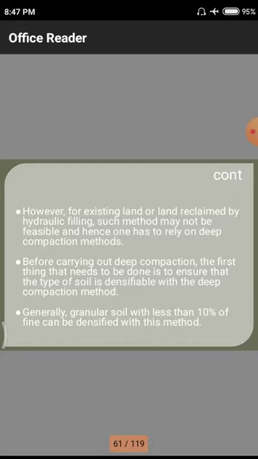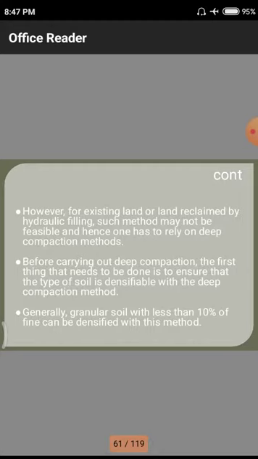That is preferable only up to some level. Beyond that level, the soil strata will definitely be affected due to the entrainment of excessive water. Up to some 5% or 10%, below 10%, we use entrainment of water by hydraulic filling.